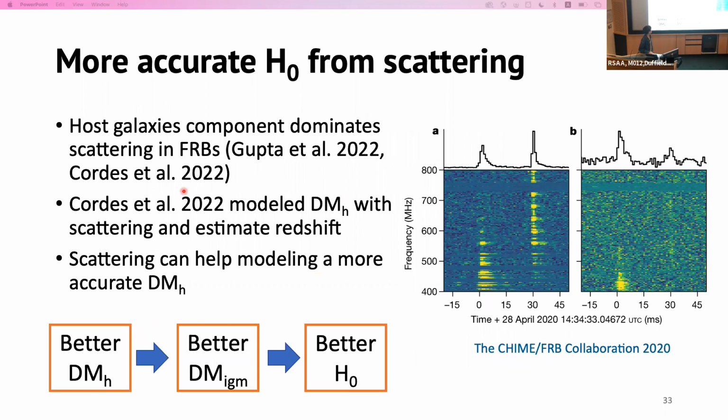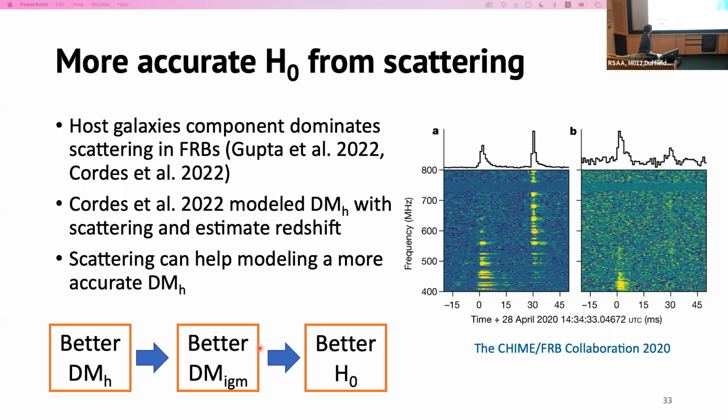How I'm doing this is by using scattering from FRBs. Just in case you don't know what scattering is, from this figure you can see this feature is scattering in an FRB signal. When the signal passes through the medium between us and the FRB, it causes scattering effects.